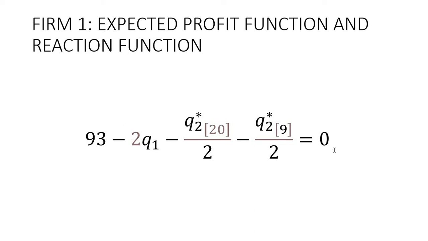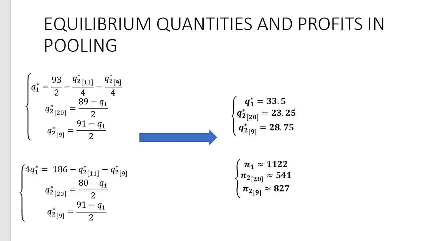Or basically, from this you can easily derive the best response function for the first firm. Okay, so now we have it, and in order to find the solution for this game, we will have to solve a system consisting of 3 equations.